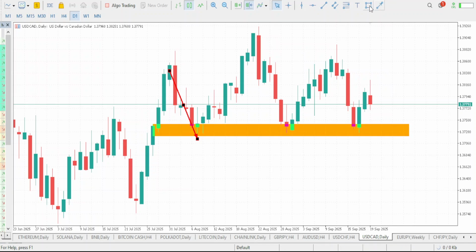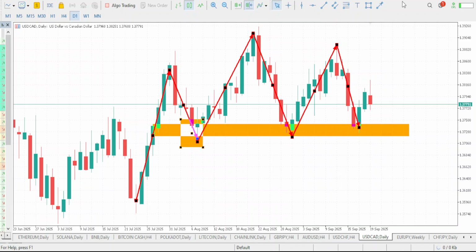The market came in to test this level. The market eventually pushed up, and this is the first left shoulder. This is your head. It came back, right shoulder. You all know the head and shoulders pattern.